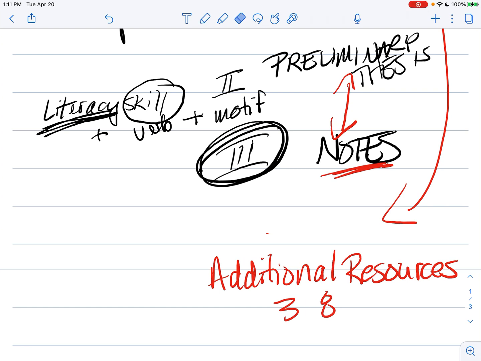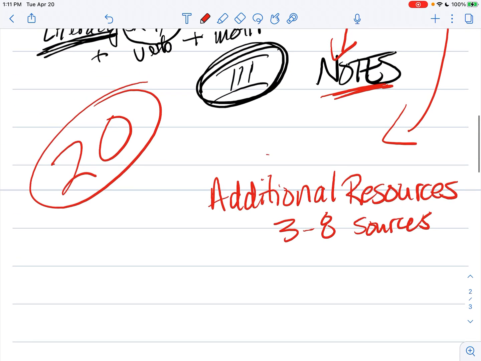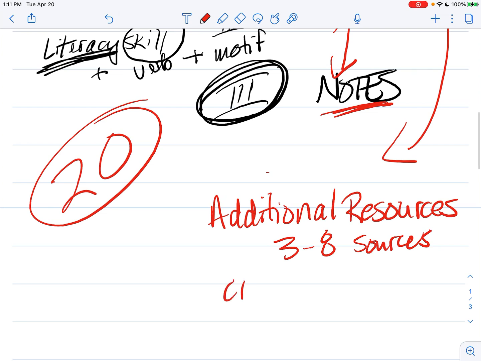So 3 to 8 sources. Okay, so you'll have a grand total of 15 to 20 sources by the time that you're finished, okay? And then you will take more notes. You'll do a citation, and then you'll take notes for that, just like you did up here, okay?